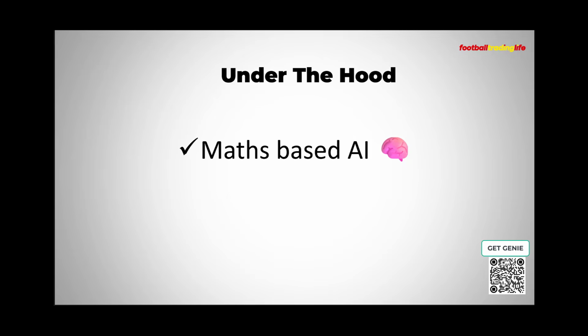Okay, so it's like having a mathematician on call, and it's designed to think in probabilities, not opinions, not thoughts or feelings, or that they had a dream the night before about which team would win the match. This is all done based on cold, hard numbers, probabilities. Okay, the emotion is taken out of it.